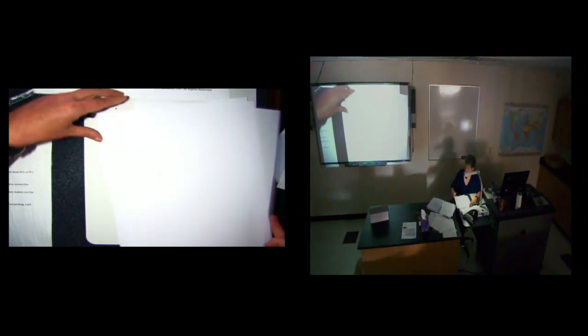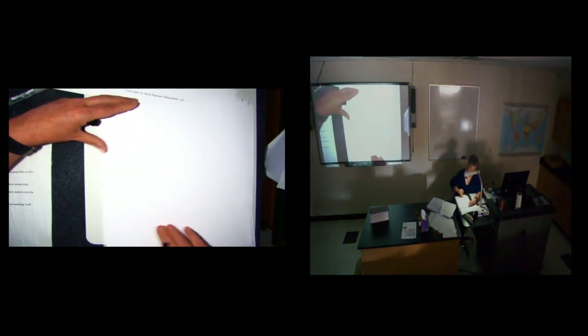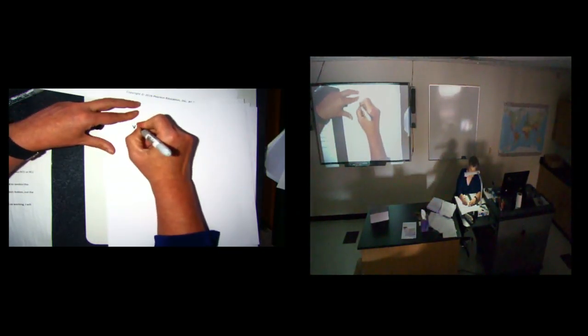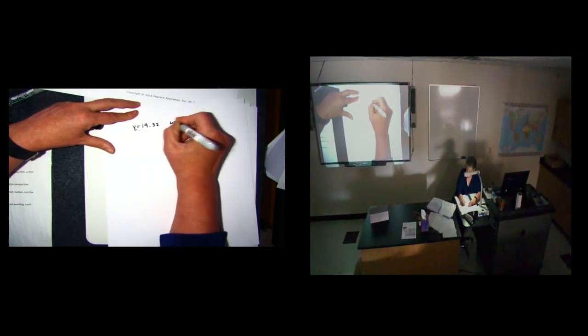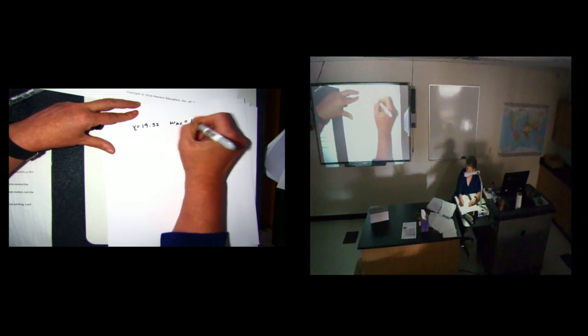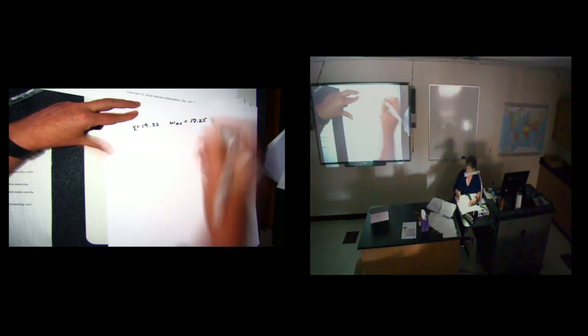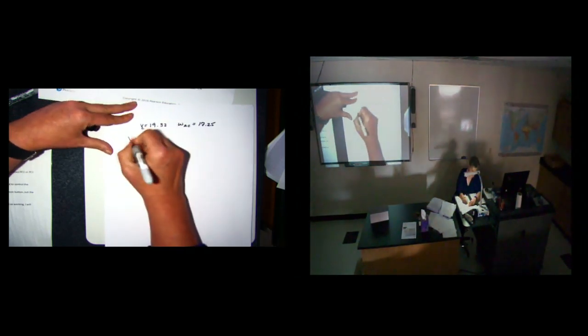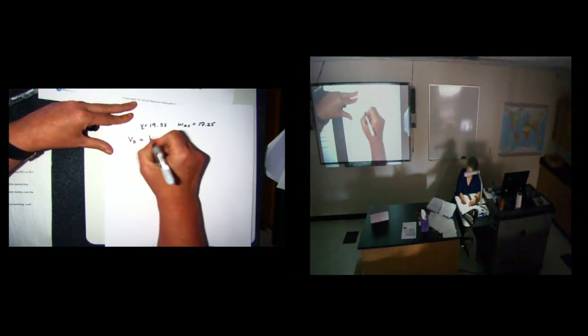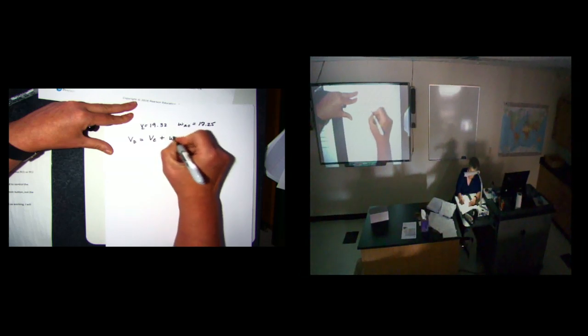Now again, we've gone from absolute motion to relative motion, and we can simplify life a little bit more if we can find something that helps us exclude things.